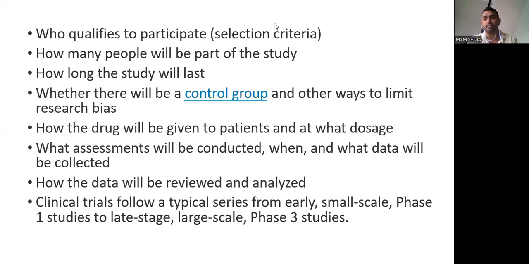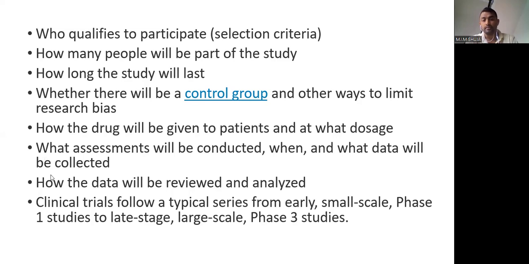Then they decide who qualifies to participate, how many people will participate, how long the study should last, whether there will be a control group or any other option to limit research bias, and how the drug will be given to patients and at what dosage, and like that they will go through.